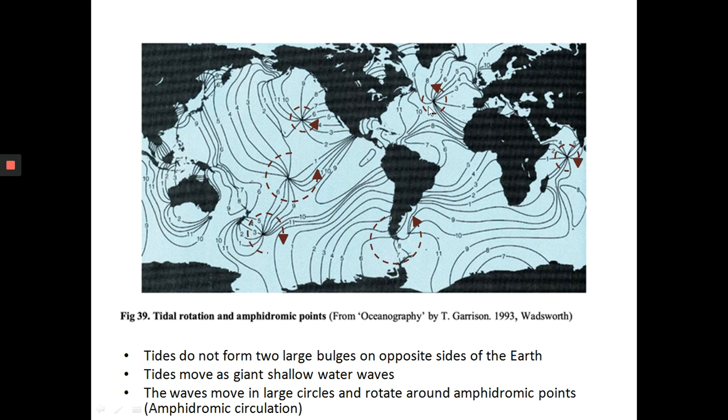So these are amphidromic points here, and these circles here with an arrow show you the direction of rotation of these large waves. So we have what is called amphidromic circulation. And this is because you have geography now. You have landforms in between. You have a shallow water body, a large mass of water here, and the system is now more complex.